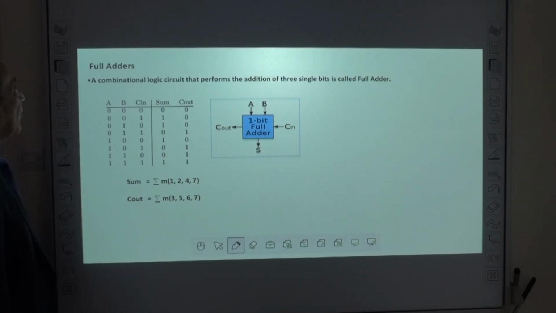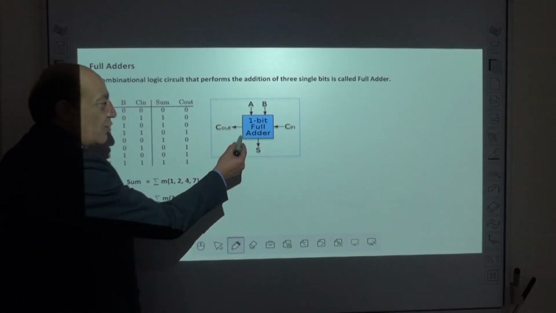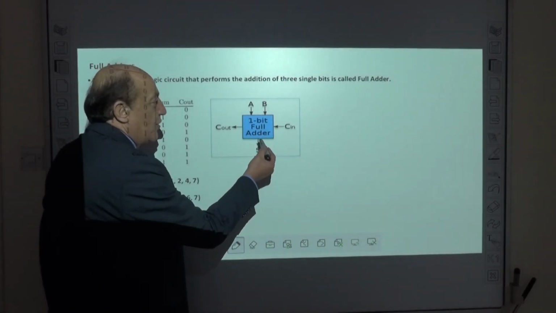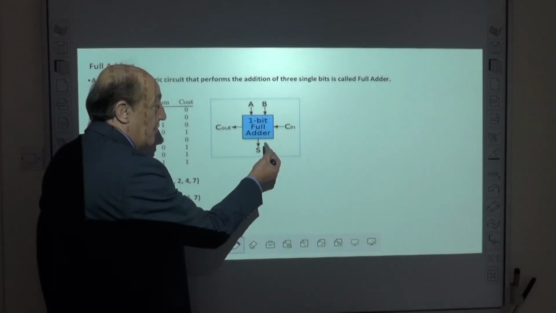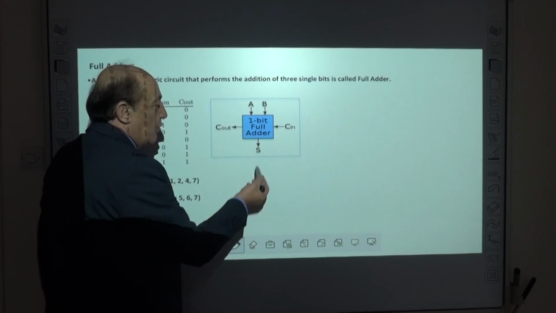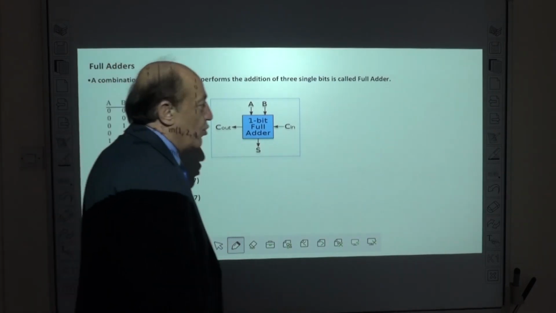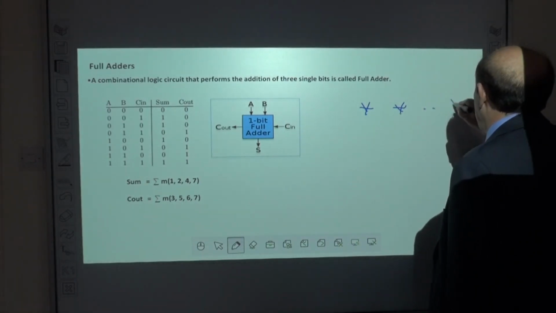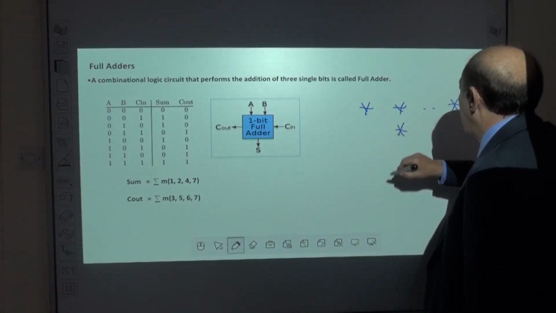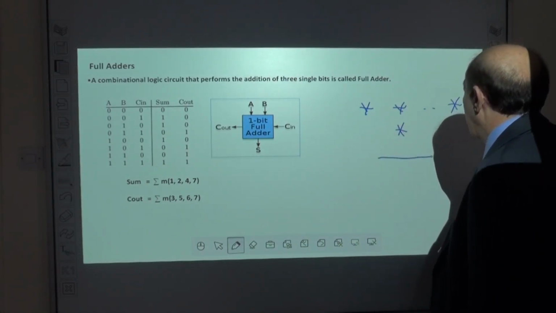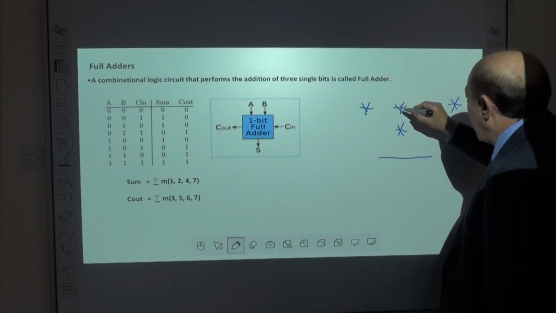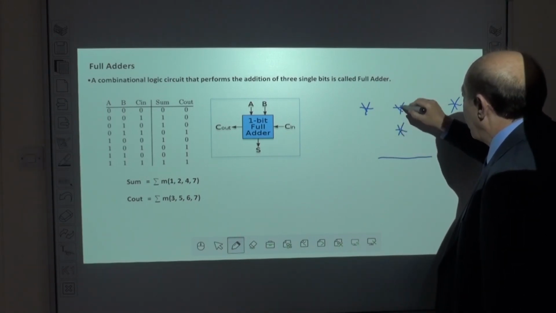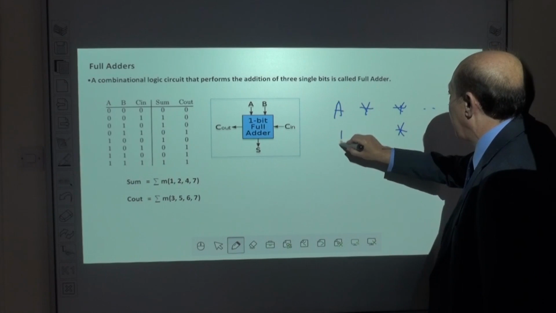Now we move to full adders. Full adder is a combinational logic circuit used to add 3 bits together and outputs the sum and carry. You see, when we add 2 numbers, at any stage we are adding the 2 bits from the 2 numbers, A and B, for example.